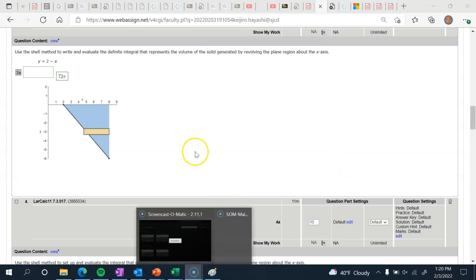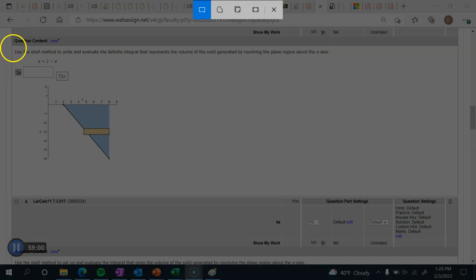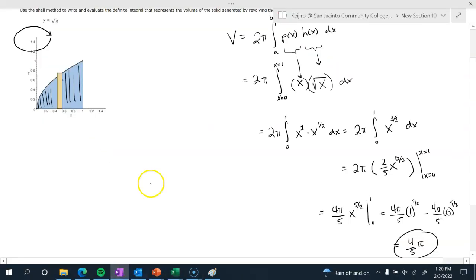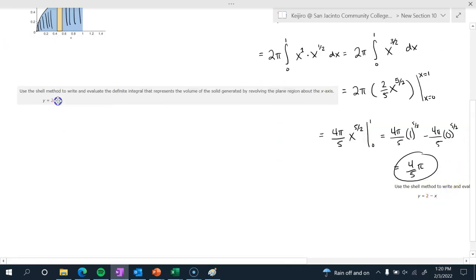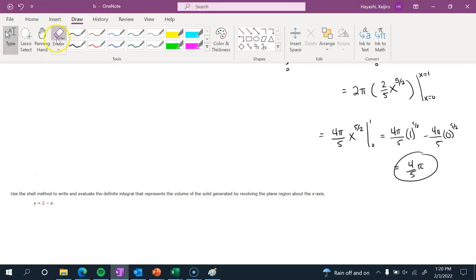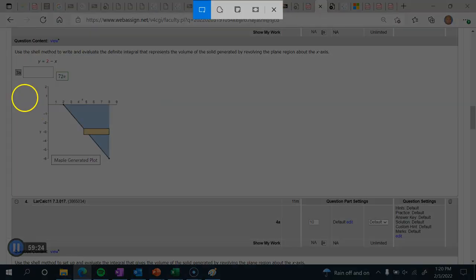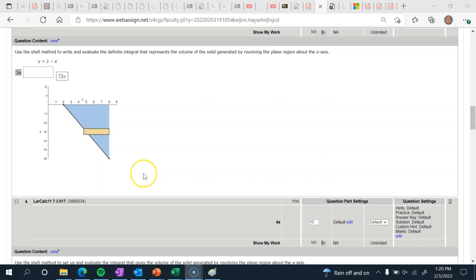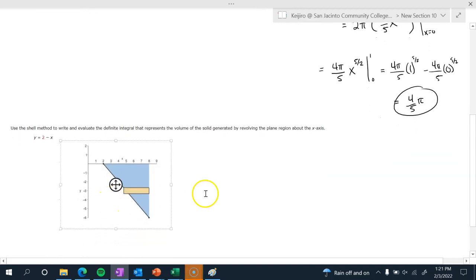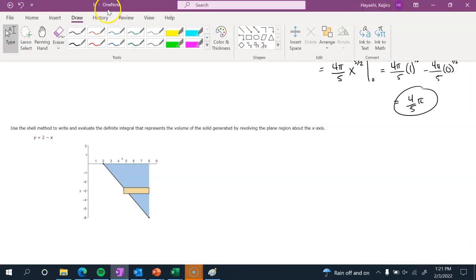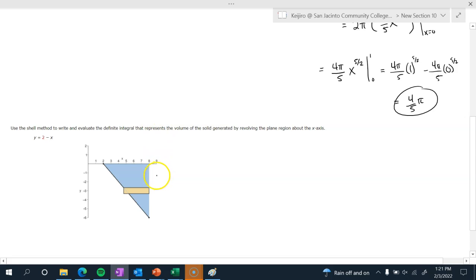Here's one dy. And this is being revolved around the x-axis, so that if you do this dy, it also ends up becoming the shell method.